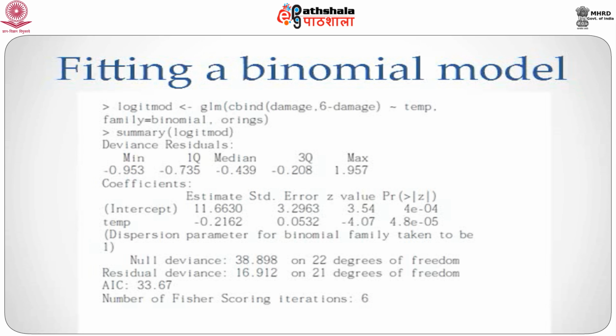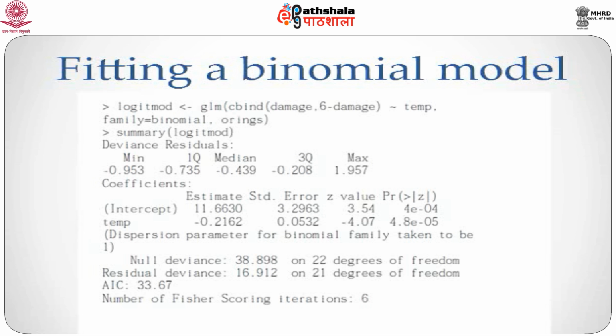And there are 4 columns corresponding to the estimates, the betas, the standard errors, which have been derived using maximum likelihood theory, the corresponding z values, and the p values. Following this, there is another line which says dispersion parameter for the binomial family is taken to be 1. We shall briefly look at the meaning of this and how to generalize this later.